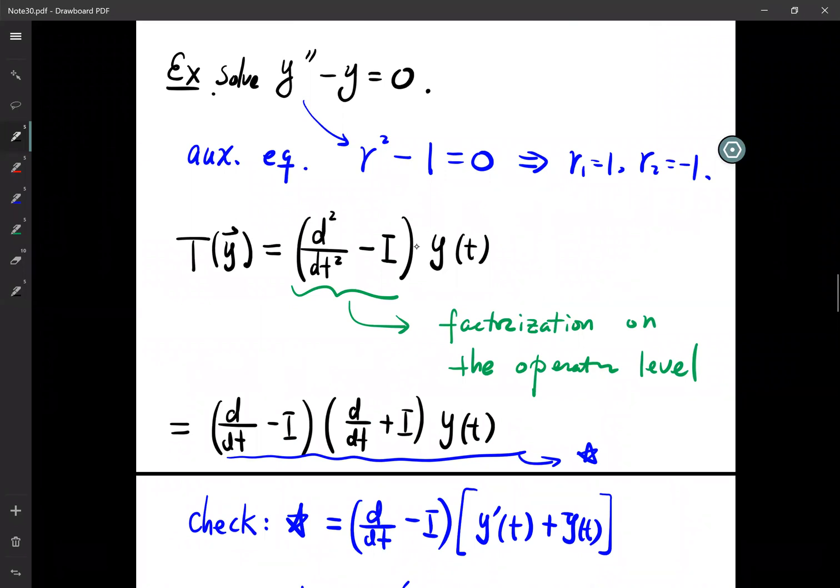This is a quadratic equation. We can factorize and obtain its roots. The factorization means this is (r minus 1)(r plus 1). Now we do the substitution back, replacing r by d/dt. So we have this. Exactly.